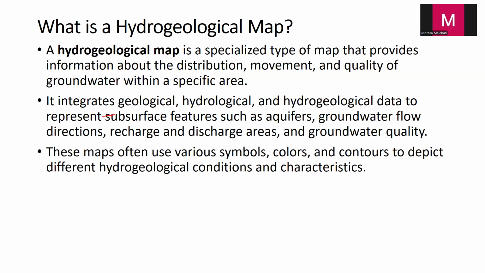We can see the type of aquifers, the groundwater flow directions, the recharge and discharge areas, and the groundwater quality. These maps often use various symbols, colors and contours to depict different hydrological conditions and characteristics.